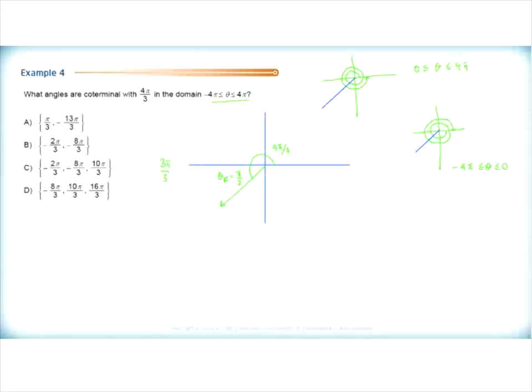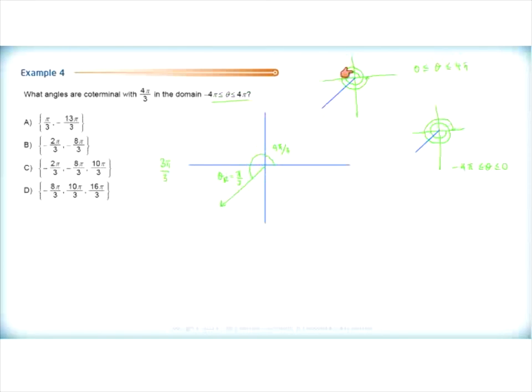And let's see what our answers are. 4 pi over 3, rotating in the positive direction. That's one answer. 4 pi over 3 is an answer, you see. So we're looking for the angles that are coterminal with 4 pi over 3. So we're not going to consider 4 pi over 3 as an answer because it's not coterminal with itself. That's why there's only 3 answers here, not 4.